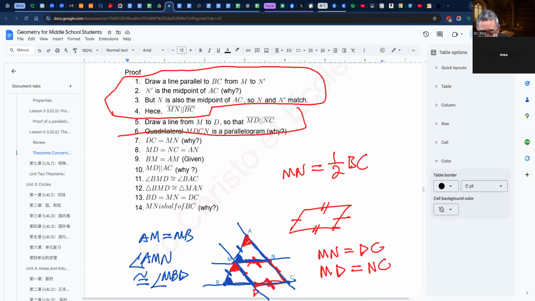Again, this is because they are corresponding angles. So now we can prove these two triangles are congruent. And why is that? Think about the triangle congruency theorem.